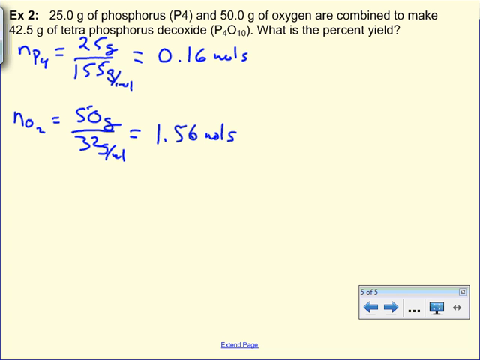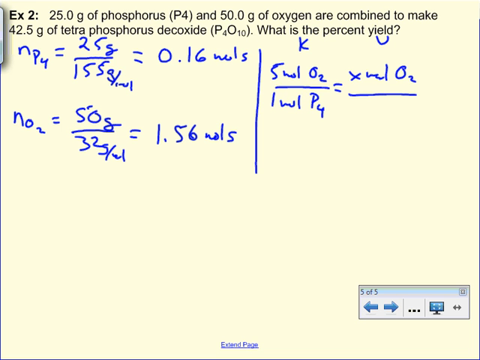So between them, I have to figure out what's limiting and what's in excess. So I'm going to take my known ratio in this case. I have 5 moles of O2 for every 1 mole of P4. So if I used up all of my P4, how many moles of O2 would I need? So I have 0.16 moles P4.